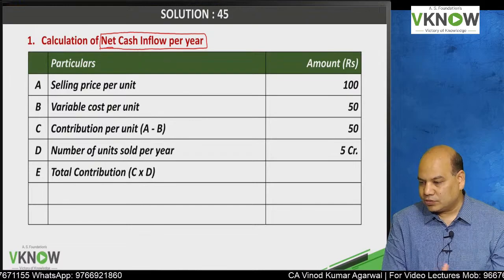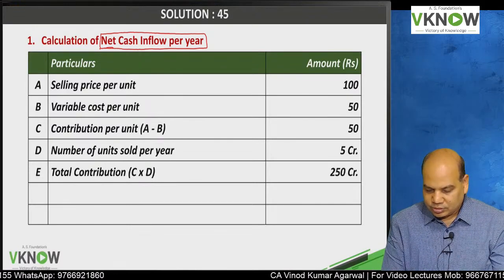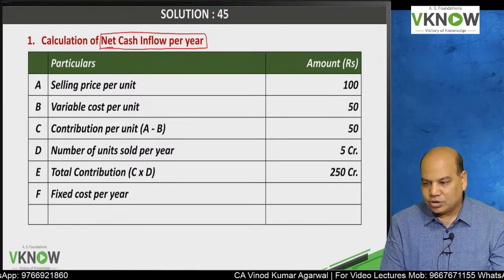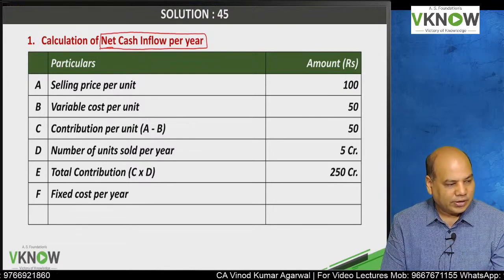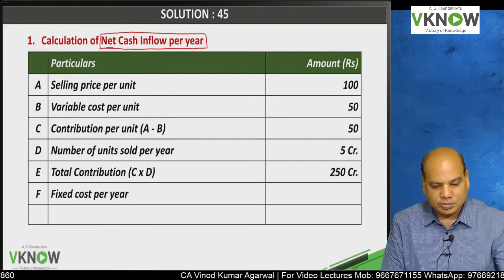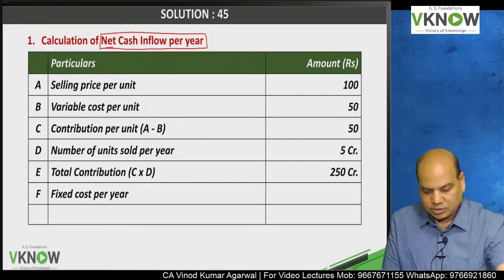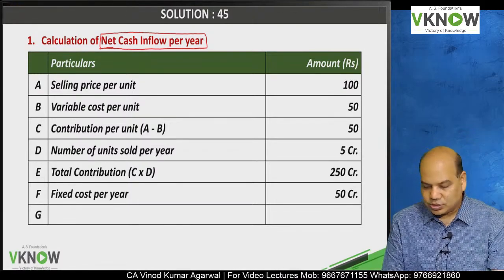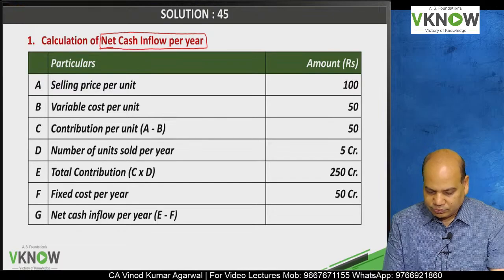Total contribution C into D is 250 crore. Less fixed cost per year. How much is that fixed cost per year? 50 crore. Fixed cost per year 50 crore.